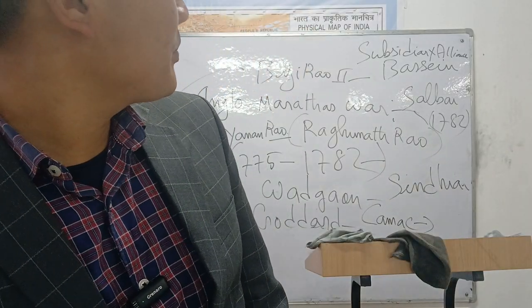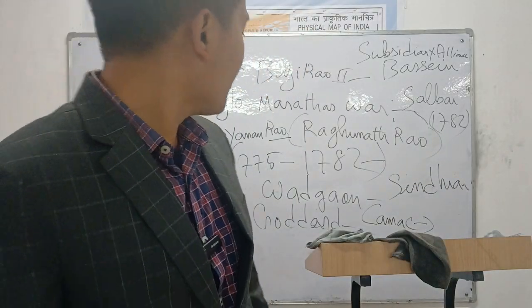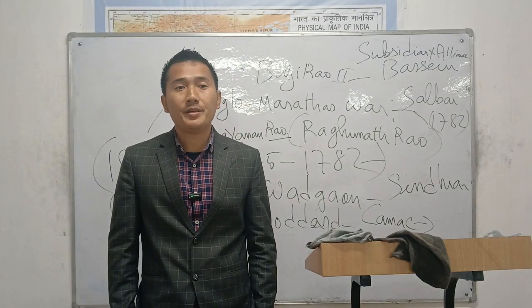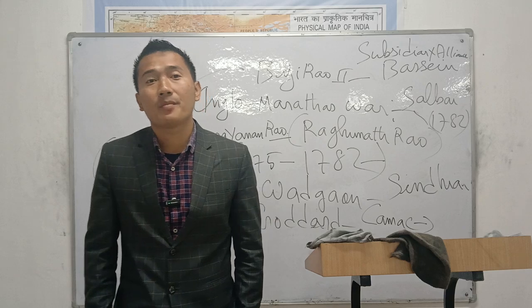See, it is like this. The Second Anglo-Maratha War happened in the year 1803 and ended in the year 1805, because of a reason.